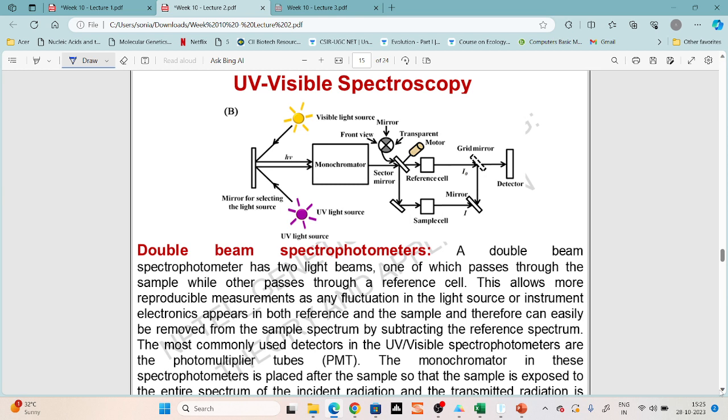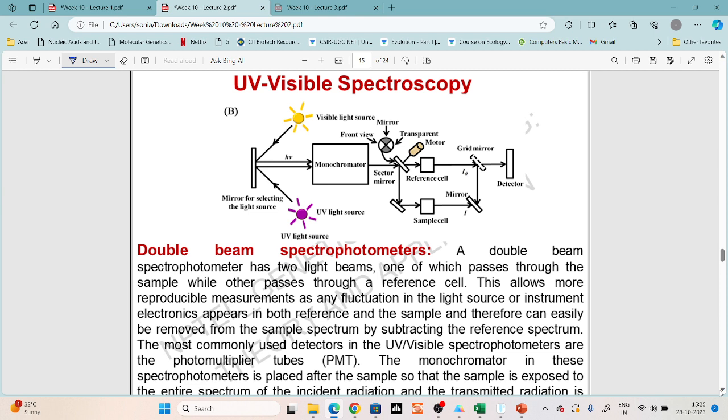That liquid can also give you some reading, but that is not the correct reading, that is a false positive reading. So you put that liquid in which your protein is dissolved as a reference, and then you take your reading and you subtract the reading from your reference from your sample, so that whatever result you are getting in the detector is solely because of your protein and not because of the solution in which the protein is mixed.